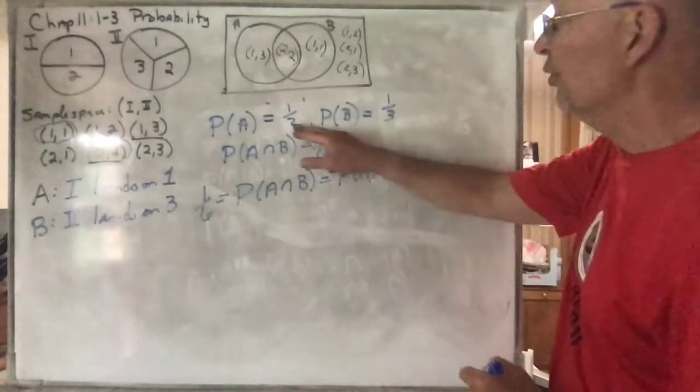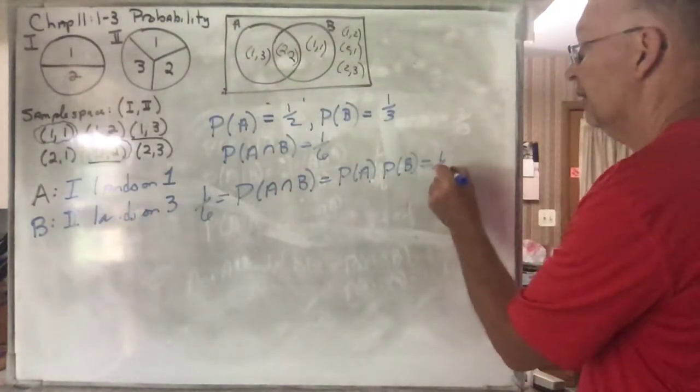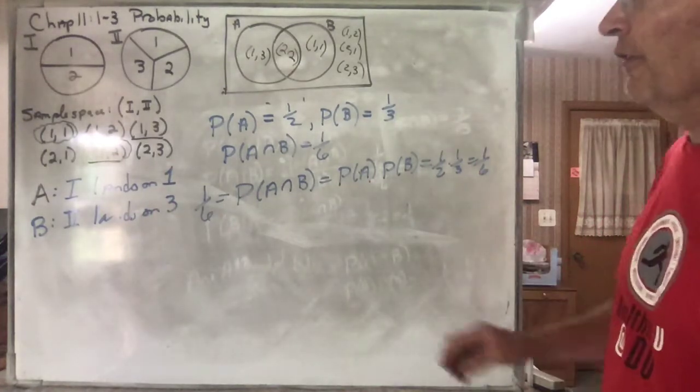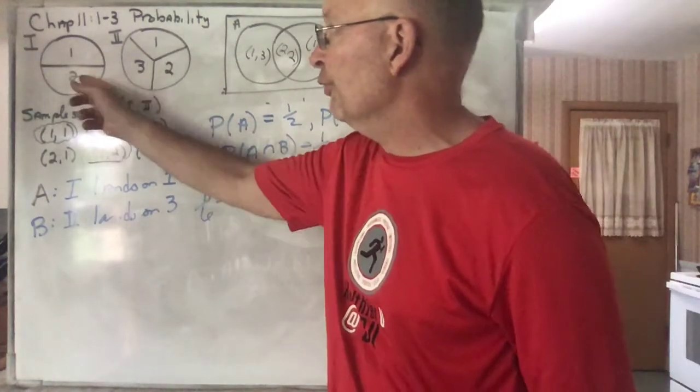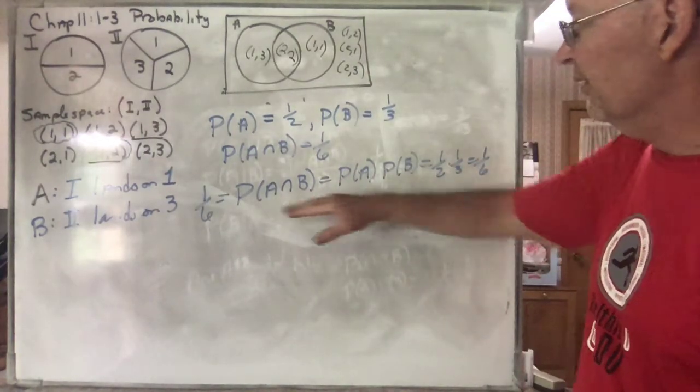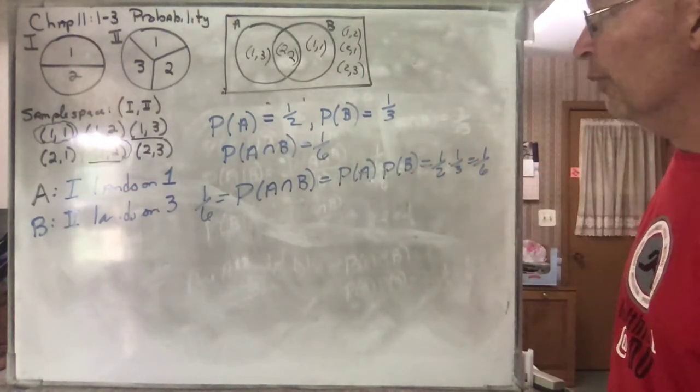And this is equal to 1/2 times 1/3, which is also 1/6. So sure enough, our intuition that tells us that those two things are independent shows itself here. This is equal to this. They're both equal to 1/6.